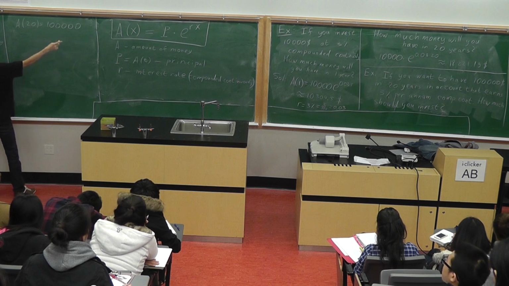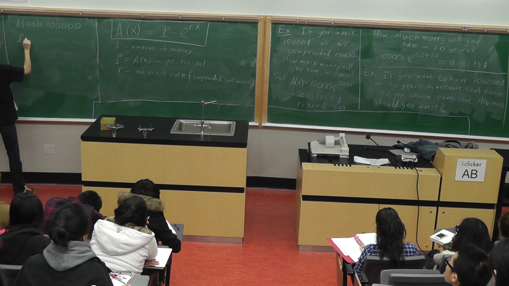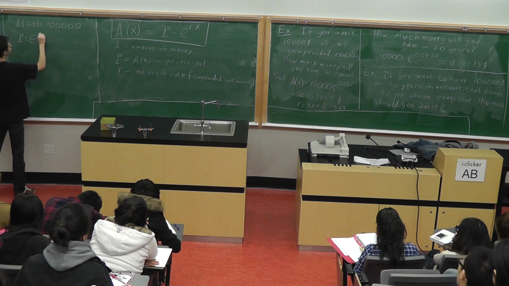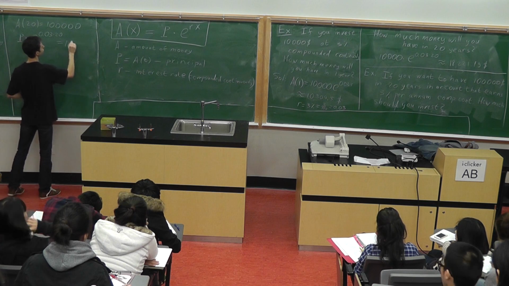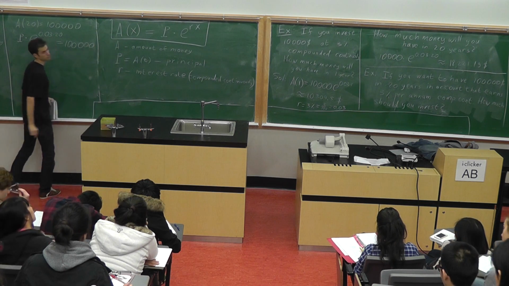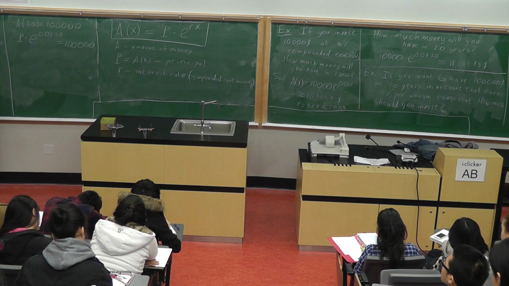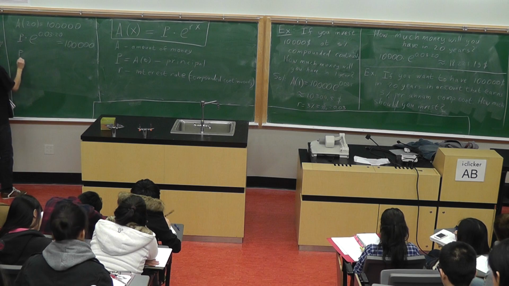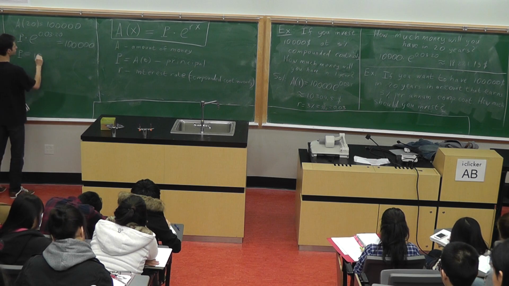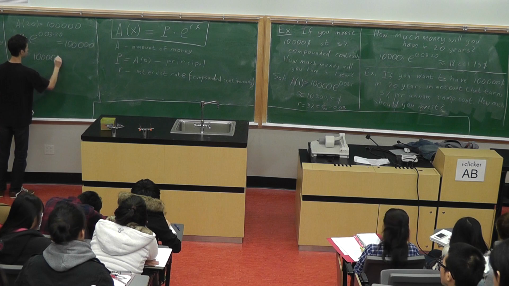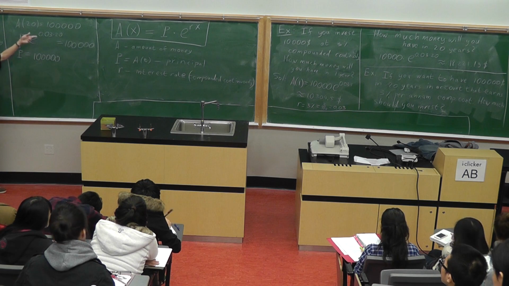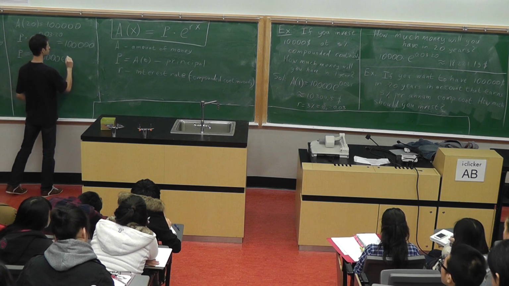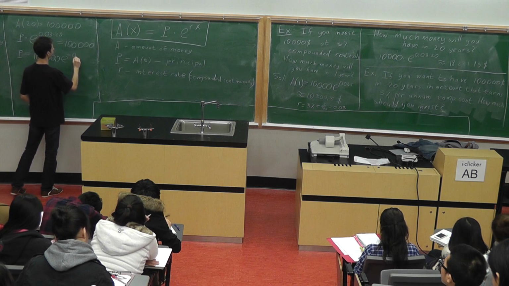On the other hand, you know that it's the principal, which you do not know, times e to the power of 0.03 times 20 must be equal to 100,000. So to find the principal, how much I should put into the account now, we'll just take 100,000 and divide it by this number. Dividing by e to some power is the same as multiplying by e to the power of minus this number.